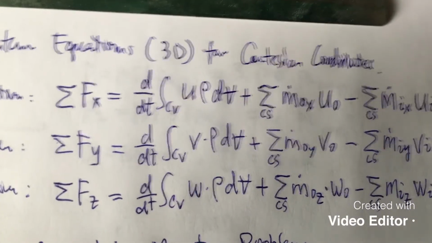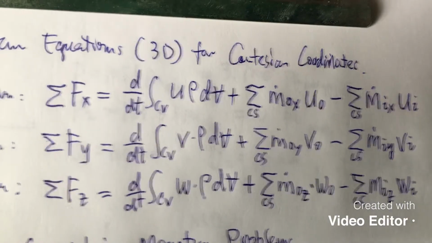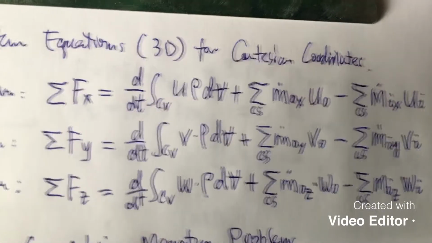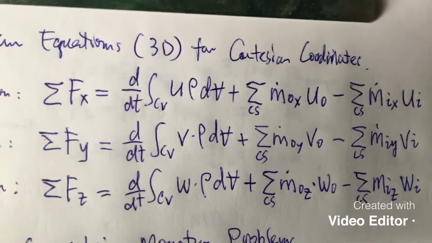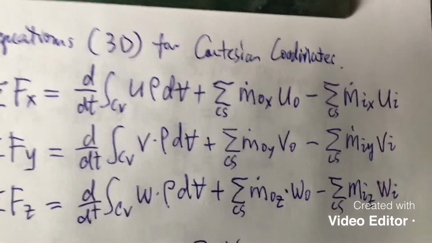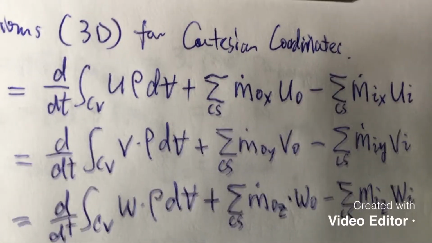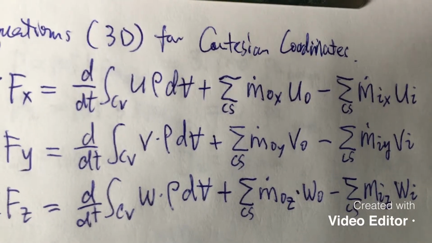This includes the d over dt, so it's the unsteady equation, but most of the problems you will see in chapter 6 will be steady state problems. So you don't need to worry about d over dt. But for the momentum in and momentum out through the control surfaces, it could be uniform or non-uniform.